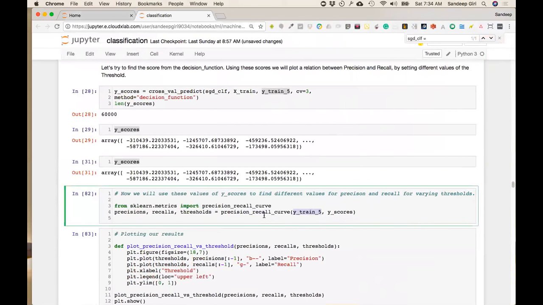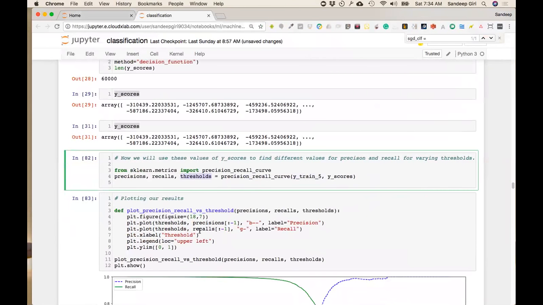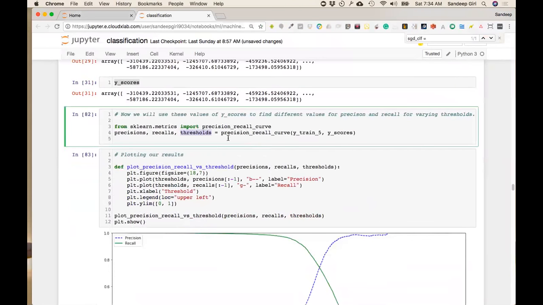This function, what you see here, is going to vary the threshold from very low score to very high score and compute precisions. Along with that, it will report the threshold. So it's going to basically do this work for us of giving us all three values.